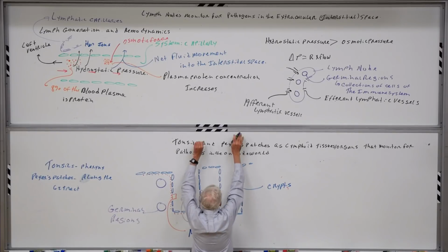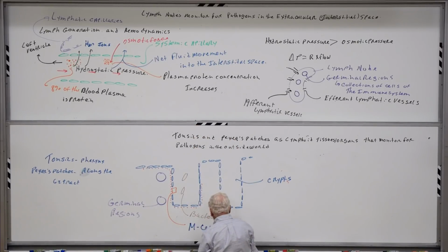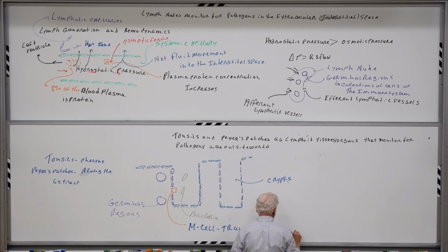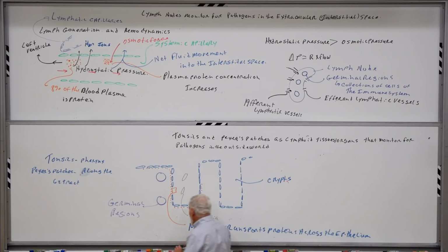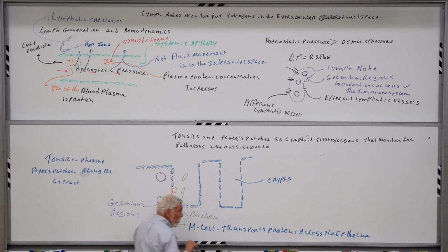And what the M cell does is it transports proteins across the epithelium. So these bacteria sitting in the crypts, stuck in the crypts, are sloughing off proteins.